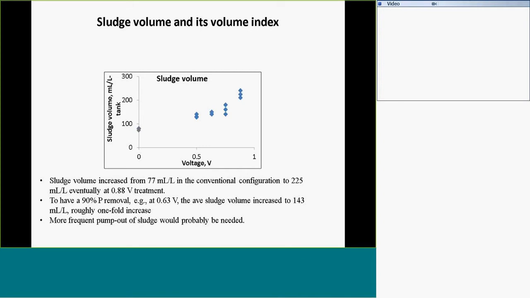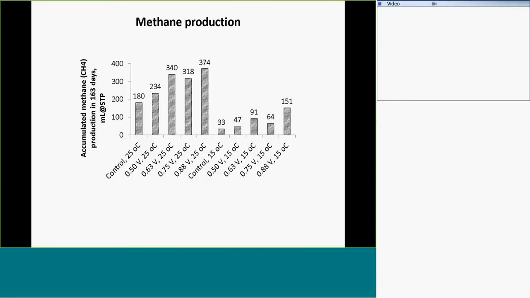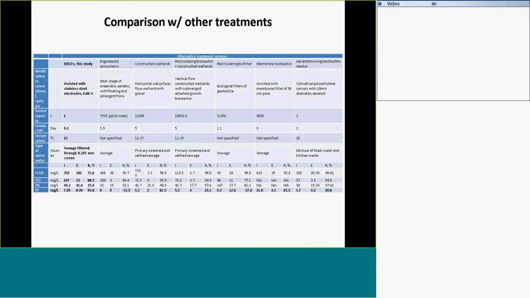The sludge volume is increasing with electrochemical processing inside. The worst case is the volume increased by twofold. And methane production improved. In residential systems, and in comparison with other treatments, we found the feature of this process is that it is so efficient in phosphorus removal compared to other improvements.